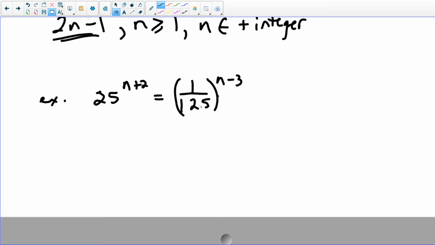Is there a way to change this into the same base that we would change this? The answer's already been put in chat, which is great. We need to flip this guy. This guy is a fraction, this one isn't. What flips a fraction? Well, negative exponents flip fractions.